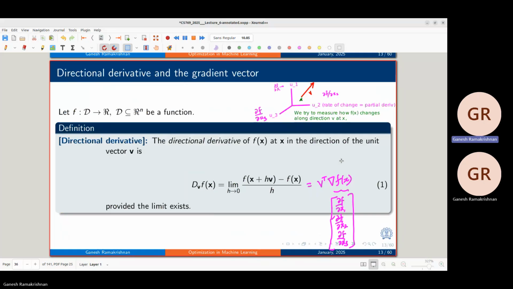Now, how do I visualize this? I think the key is, how do I visualize the gradient vector? Any suggestions? The direction vector v is clear. What is this gradient vector? How do I visualize it? If you slice it along the vector, what would the direction vector look like? Are you sure it's a gradient along that curve?